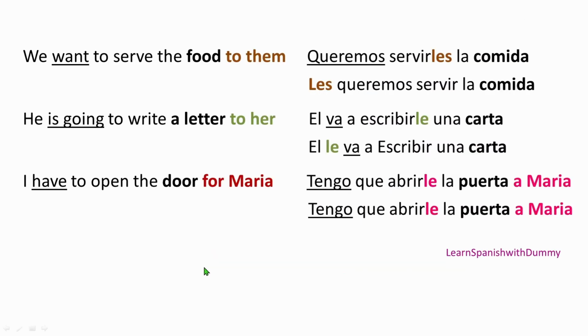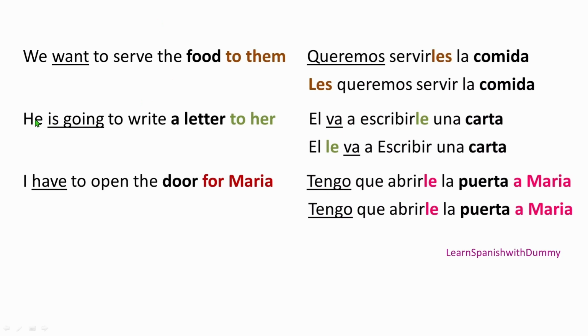All right, perfect. Now we have some more sentences, which is, we want to serve the food to them. So you say queremos, we want, servir, serve, les, to them. Queremos servirles la comida. Okay, or you can say, les queremos servir la comida. Perfect.